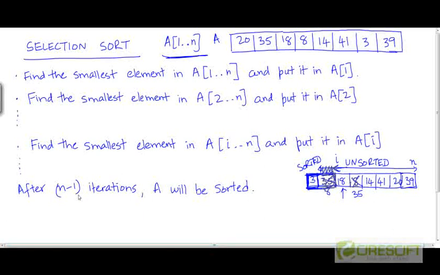So we can stop after n minus 1 iterations. We don't have to go all the way up to n iterations, because after n minus 1 iterations, the unsorted portion has reduced to just one element, and that element can simply be incorporated into the sorted portion directly.